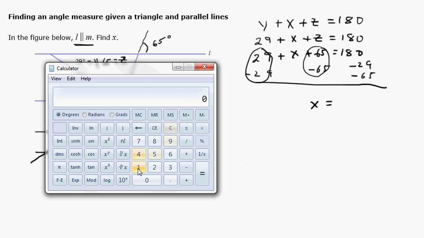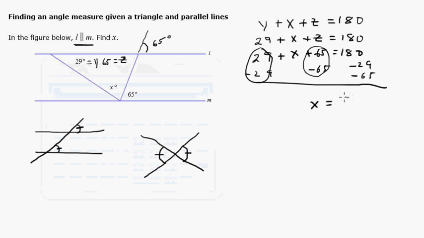Clear. So we get 180 minus 29 minus 65 equals 86. Okay, 86 degrees. So now we know that x equals 86 degrees.